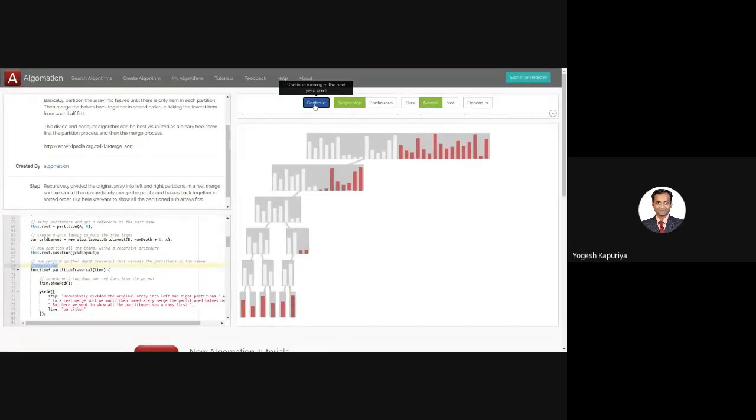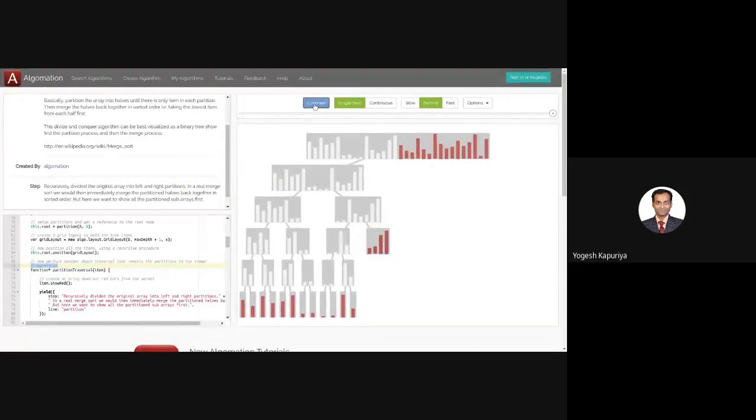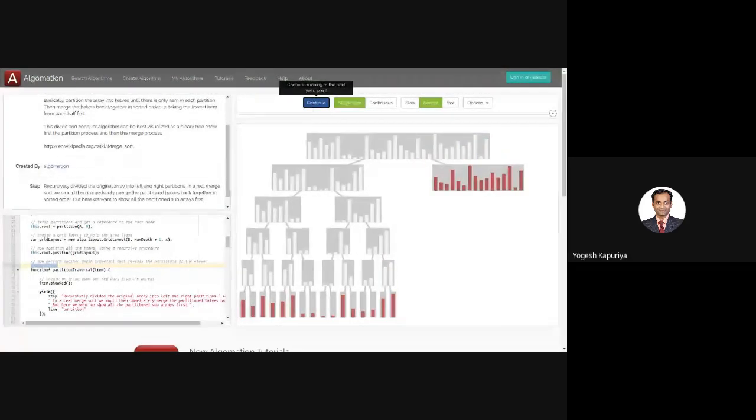Again this division only. Each of these steps is still just performing the division. But you need to understand it's a recursive call. Now the entire left part is over, then it will go for the right.